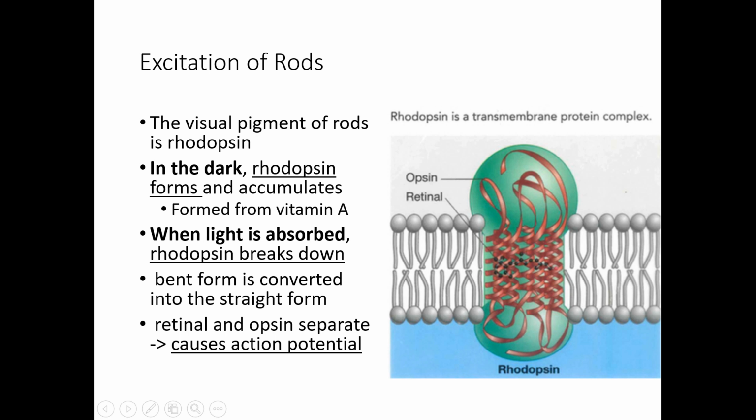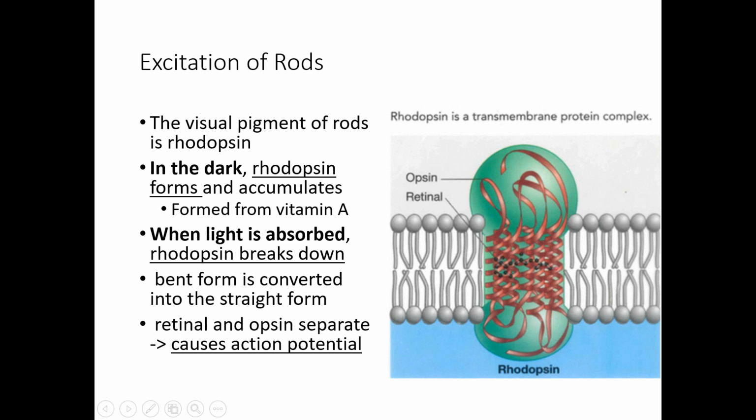So how it works? In the dark, rhodopsin forms, so retinal is attached to opsin with help of vitamin A. So we need vitamin A to see well in the dark, in the dim light. Sometimes some people see well in the bright light, but they don't have good night vision, and the main reason of that would be just lack of vitamin A in their diet.